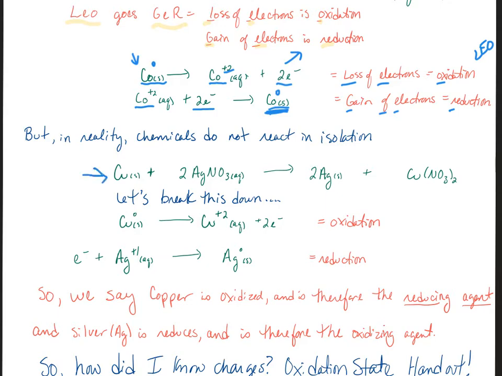Let you see right here. Copper right here is by itself. And I just told you that anything that's by itself, if it doesn't tell you what the charge is, it's 0. I'll tell you that again on the next page, but that's okay. And over here, this silver is 0.